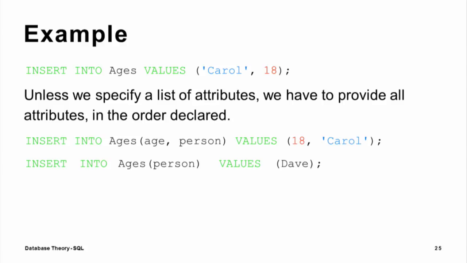And that's because we are actually telling the server that this is the order in which we are going to list the values, and that in combination with the attribute list here makes it okay. So age and 18, and the person and Carol. So that's okay.